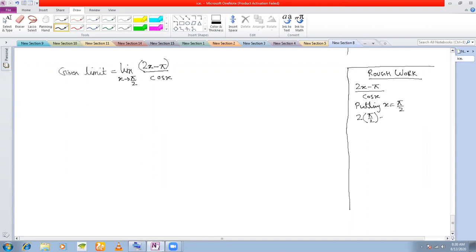Twice of pi by 2 minus pi divided by cos pi by 2, so numerator is 0, denominator is also 0. So this is clearly a 0 by 0 form, which is to differentiate the numerator and denominator separately.